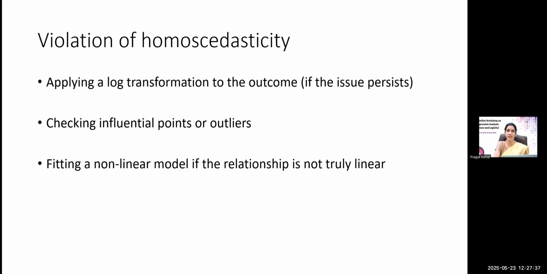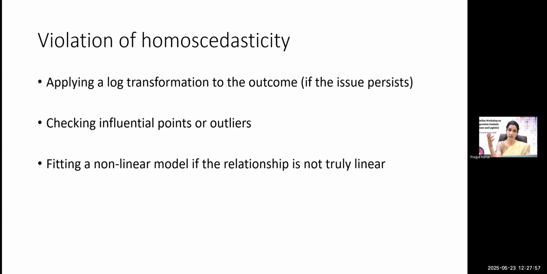Again, I said that if there is a violation of homoscedasticity, you can perform a weighted least squares regression, or you can do a log transformation of the dependent variable. I'll also tell you what influential points or outliers are.